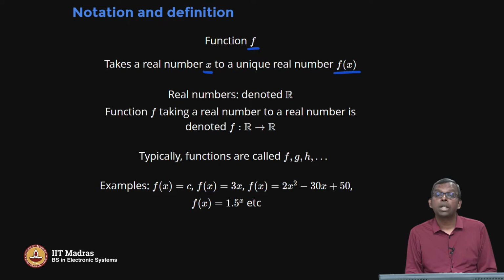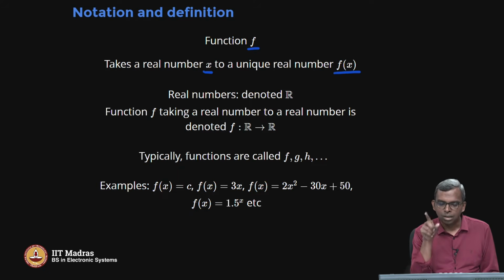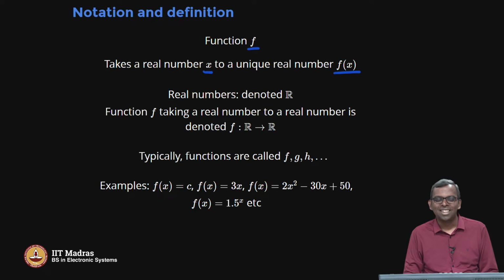Now there is a notation for the real numbers. It's this R written in the blackboard type font. This is R written in that different font. That's the notation for all real numbers. And a function f taking a real number to another real number has this other kind of notation.